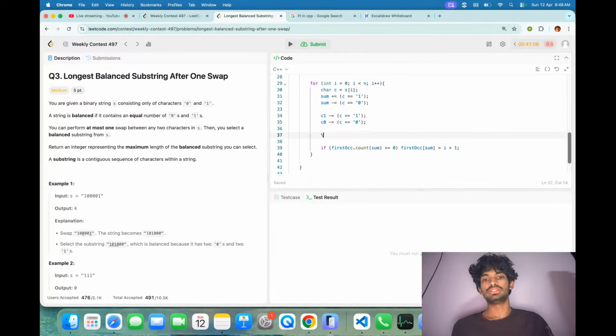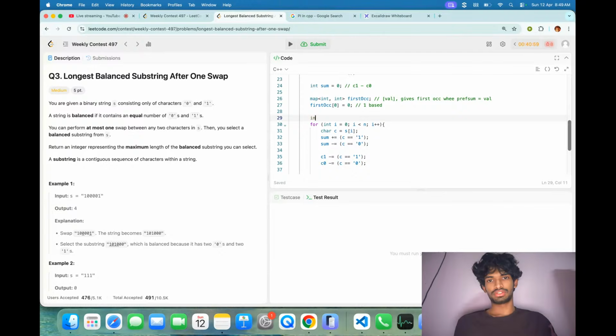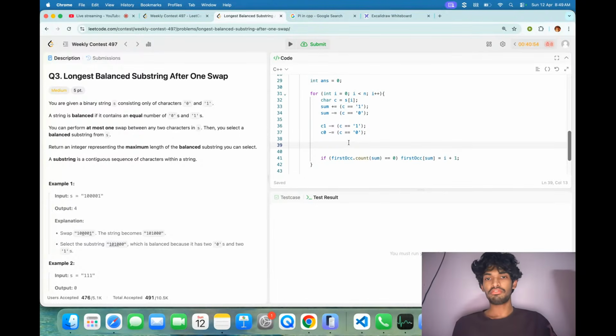And what should we do inside now? So we have a possible answer.